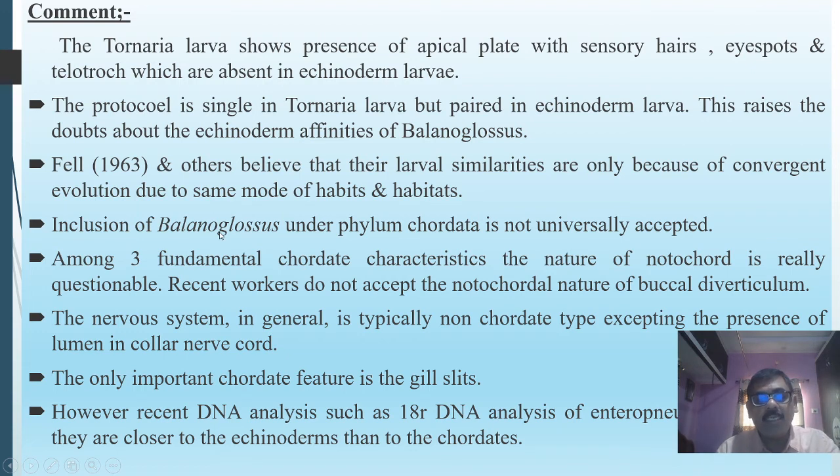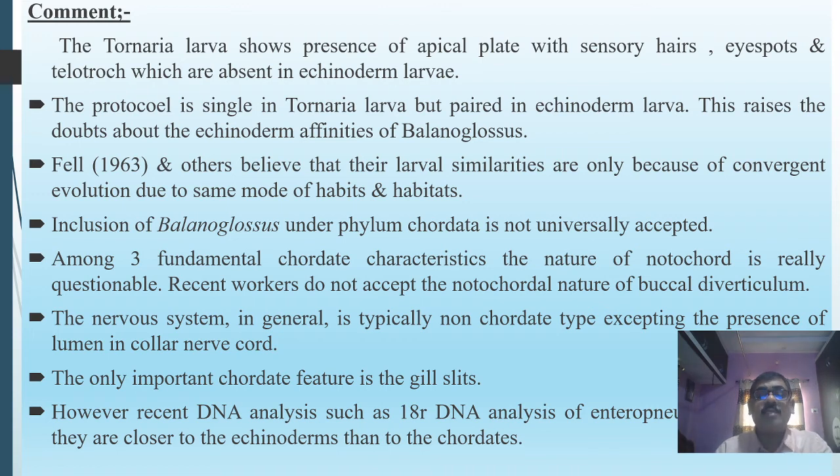Inclusion of Balanoglossus under phylum Chordata is not universally accepted. Why? Because we have discussed the three fundamental characters of chordates: the nerve cord, notochord, and gill slits. Out of these three, only the gill slits of Balanoglossus resemble chordates remarkably.